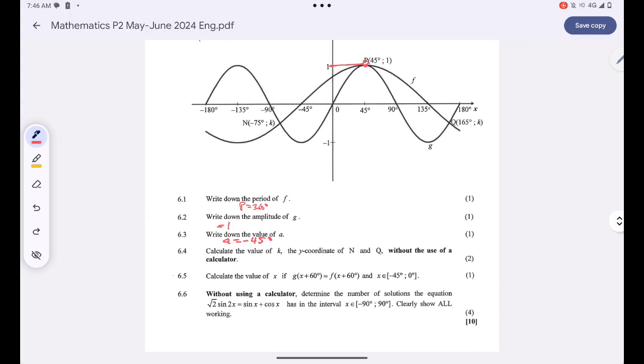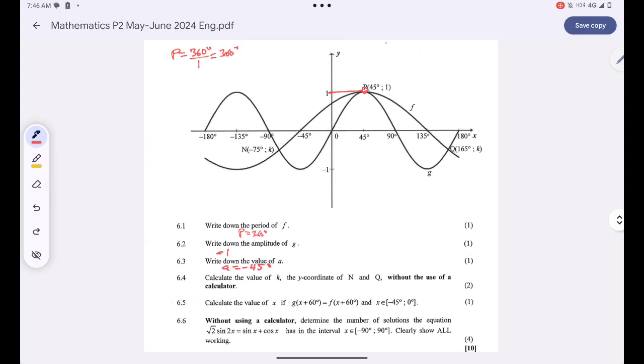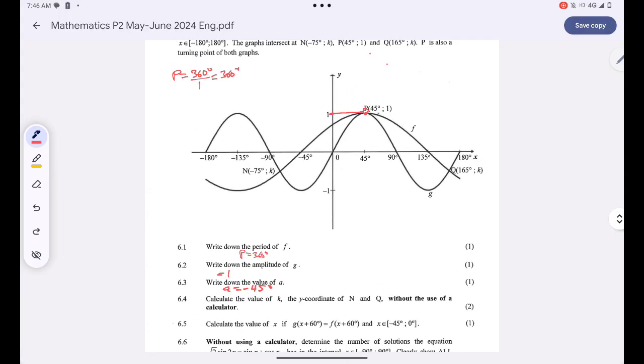Then they want us to calculate the value of k, which is the y-coordinate of N and Q, without the use of a calculator.